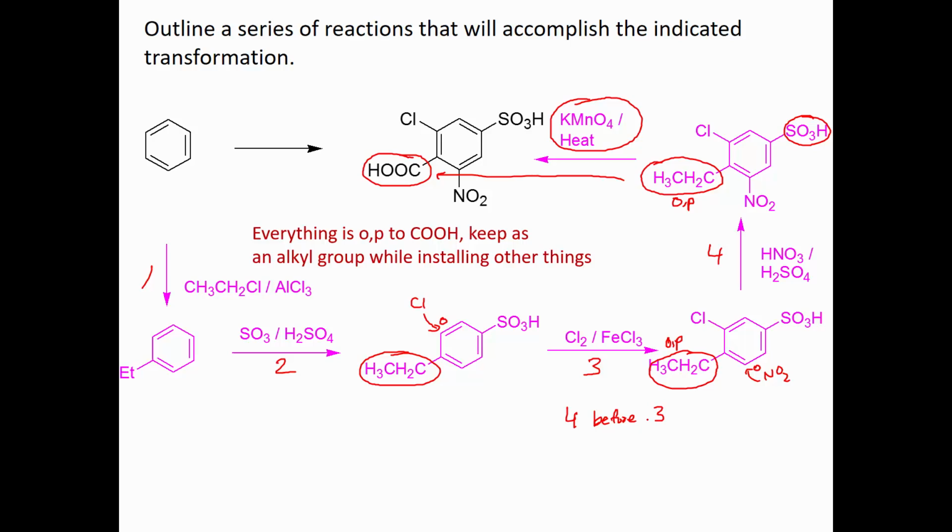As far as adding the ethyl group later, actually all of these groups here except chlorine deactivate this ring so much that we could not really do a Friedel-Crafts reaction. So it's very wise to do the Friedel-Crafts reaction first. Benzene is actually more activated than any of the rings except for ethylbenzene, the product of the very first reaction.